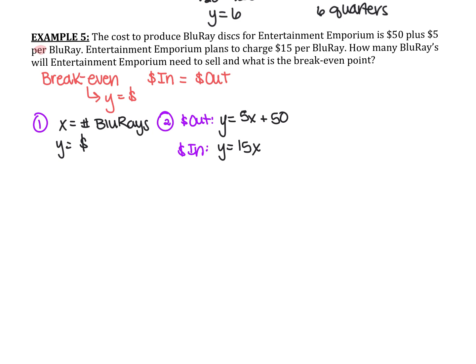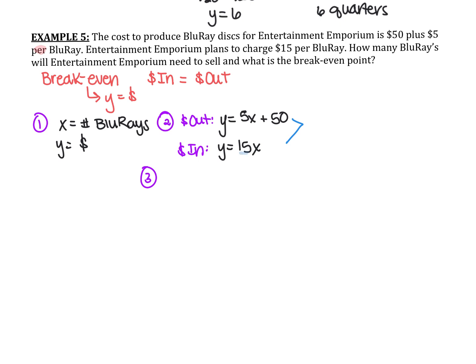Now what we're tasked to do is to figure out what the break-even point is. How many Blu-rays do we need to sell, and what is the value? So look at this. This is set up perfectly as an equal values problem. So the way we would solve this problem is we would make a substitution.